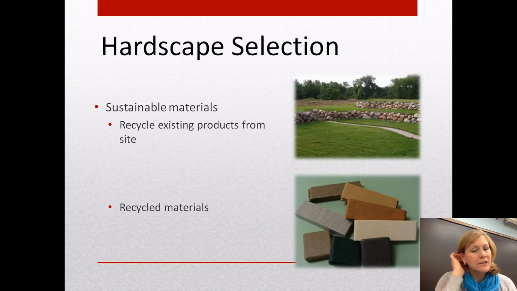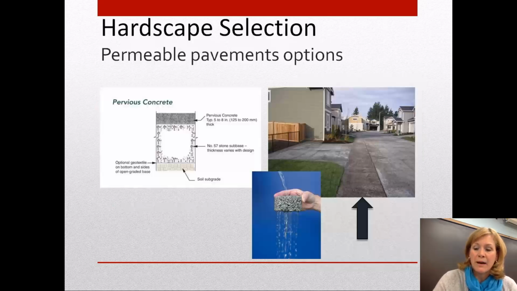Recycled materials here on the bottom, these are recycled plastic and wood milling byproducts that are used to create decking material or other material you'd use in the landscape, like for railings and things like that. So they're just combined and extruded into different shapes and sizes and can be a very sustainable option.